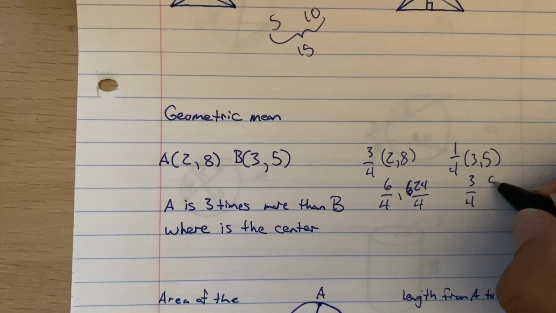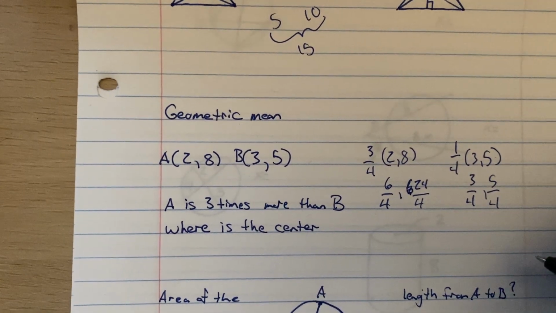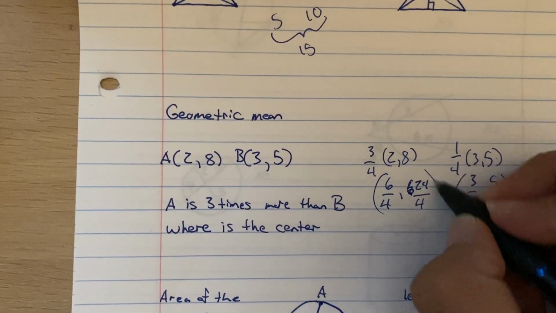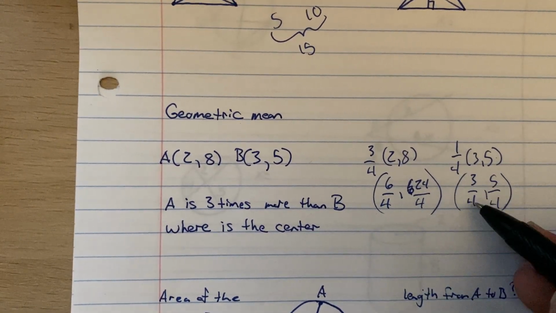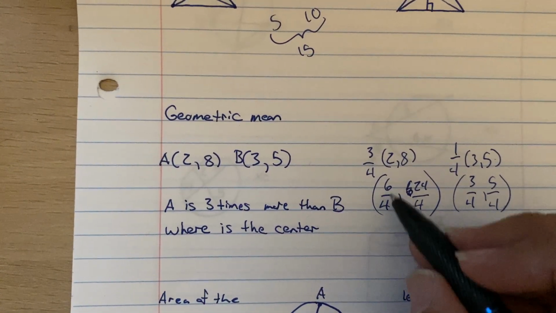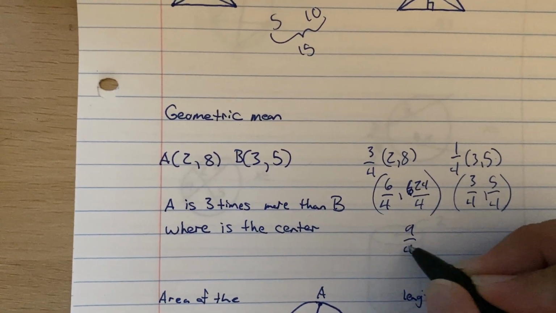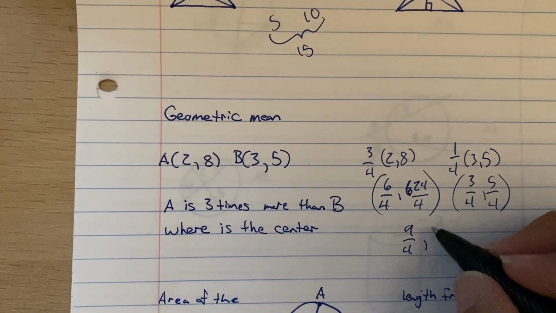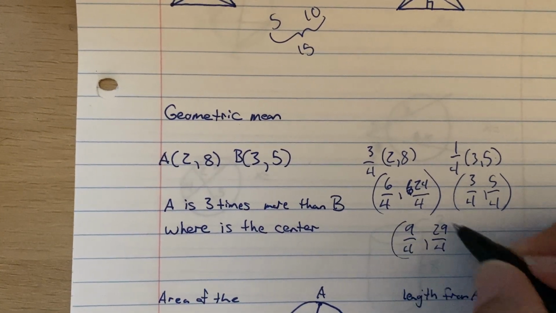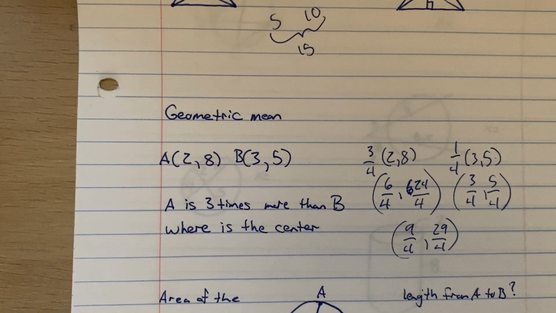And then this is going to be 5/4. Okay? Now I just combine them, and that'll be the center. 6/4 and 3/4, if I add them together, I'm going to get 9/4. 24/4 and 5/4, that's going to give me 29/4. And that is the geometric mean.